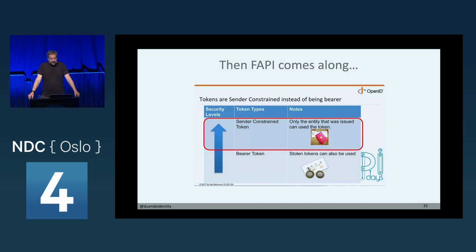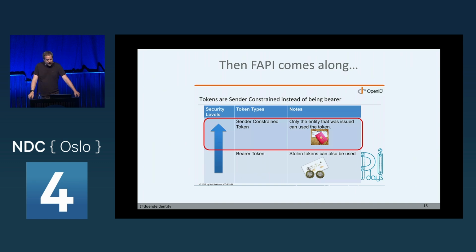And there was FAPI, the Financial API specification, that utilized OAuth as well. In both specs, they said, we only allow proof of possession tokens. But this technology didn't exist. So there was this magic deadline, I can't remember, was it 2019 or something, where every bank in the EU had to switch to this new FAPI standard. And pretty much all of them missed the deadline because the technology wasn't there.